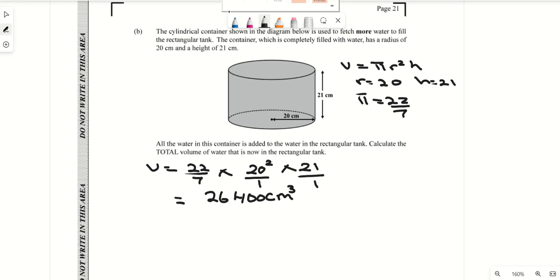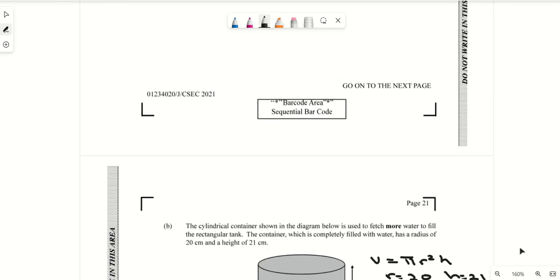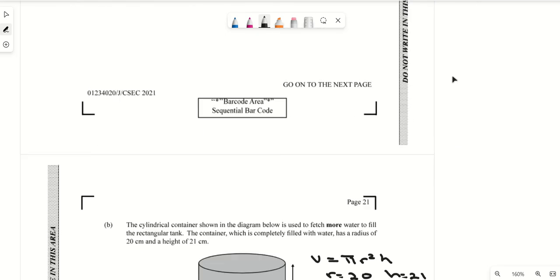They didn't ask you how much water is in the container. They said calculate the total volume of water that is now in the rectangular tank. So we know before the addition of this water, we had 30,000. That is the answer that we had before.